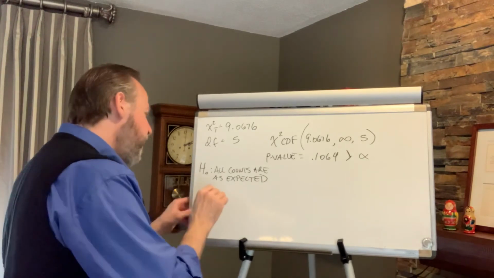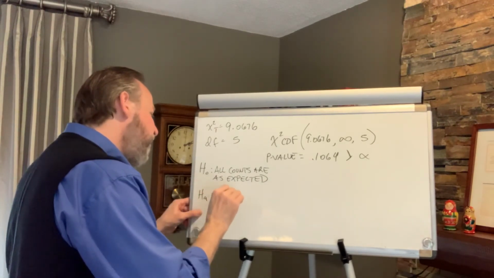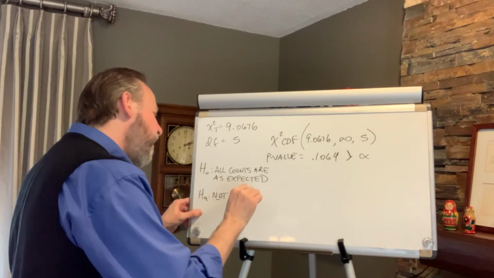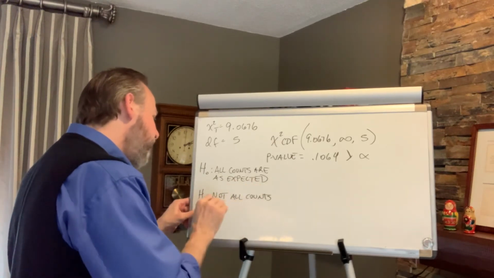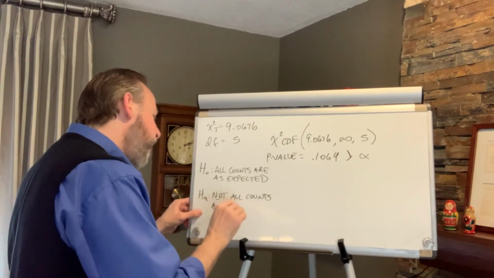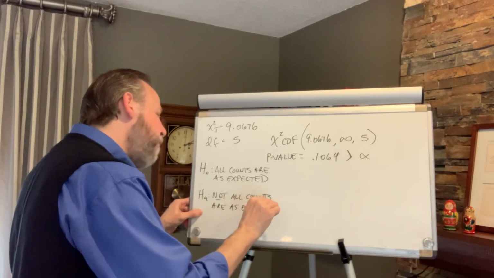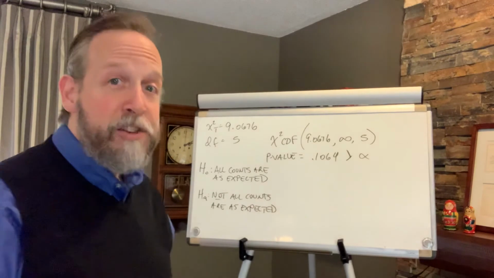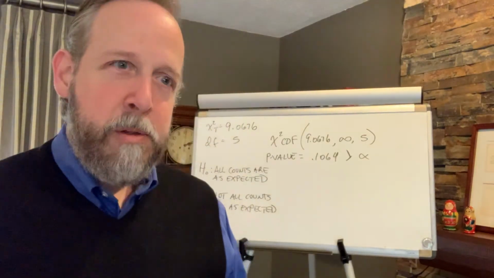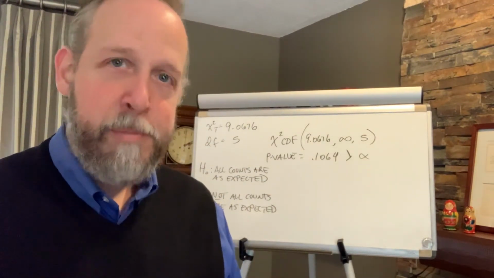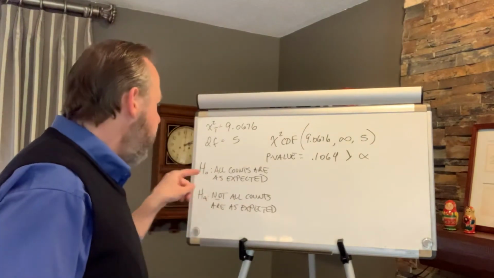And the alternate, very simple: not all counts are as expected. Please understand, this doesn't mean that everything's wrong. It just means that not all the counts are as expected to the level that we can say it's beyond suspicion.